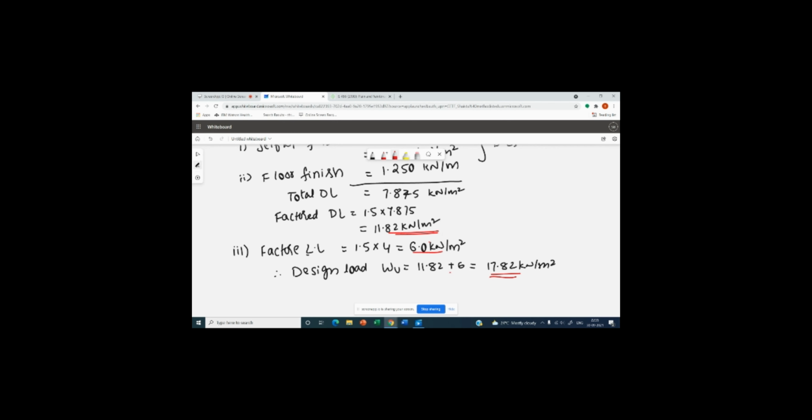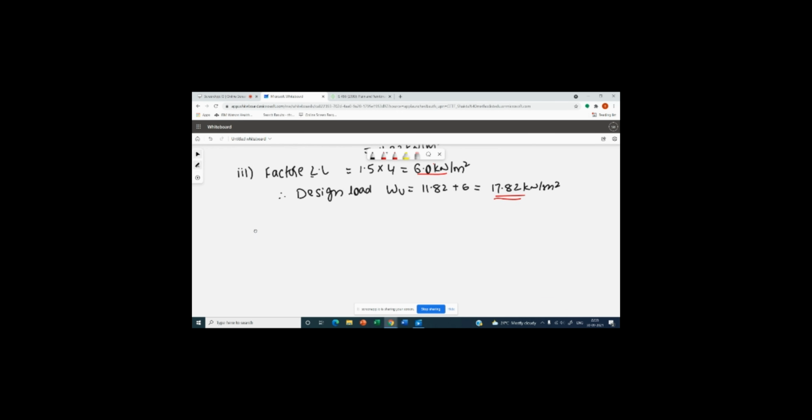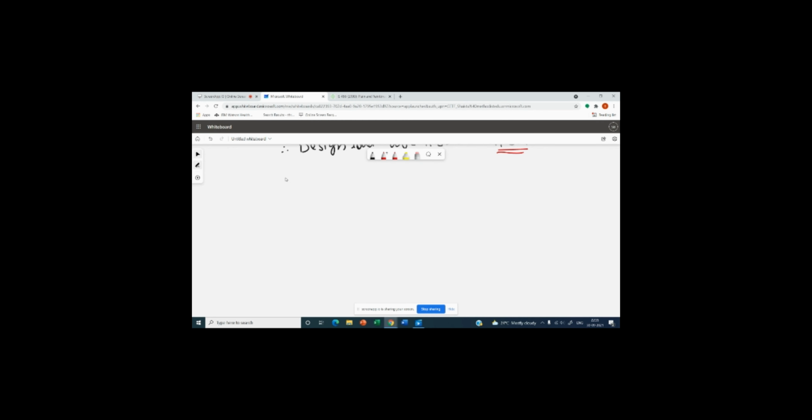So this is the step 4 where we have found all the loads acting on the slab. Now let us move further to our next step, that is step 5. Now the design part is coming. In step 5 we have to do the design, but which method are we going to use? As I said, we will be using the direct design method.